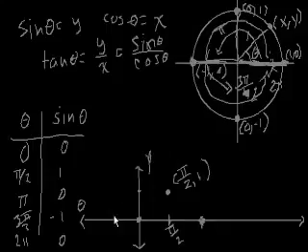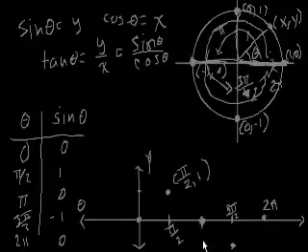So this is the point pi, 0. And when theta equaled 3 pi over 2, let me write that, 3 pi over 2, what was sine of theta? It equaled -1. Interesting. And then when we got to theta equal to 2 pi, sine of theta again equals 0.